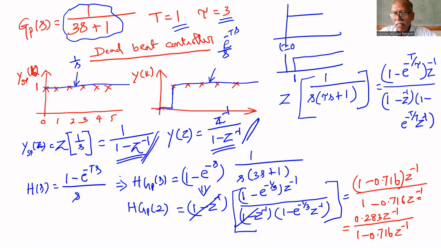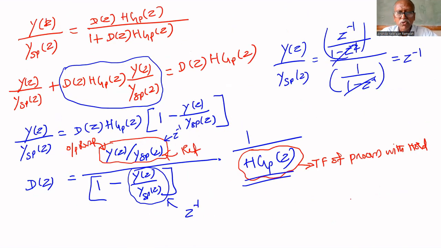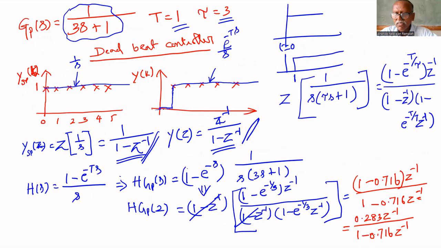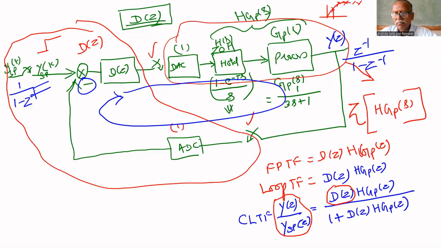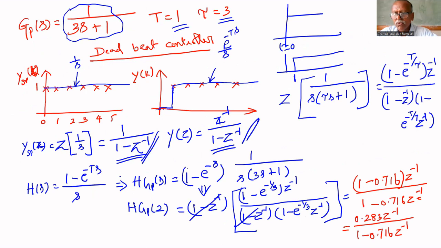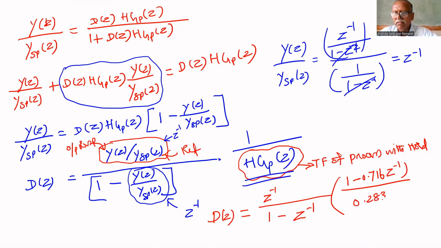HGP of z we also got. Now you substitute here. Therefore, D of z equal to (1 minus z power minus 1) whole divided by HGP of z. We have to write the inverse of this: (1 minus 0.716 z power minus 1) upon 0.283 z power minus 1.